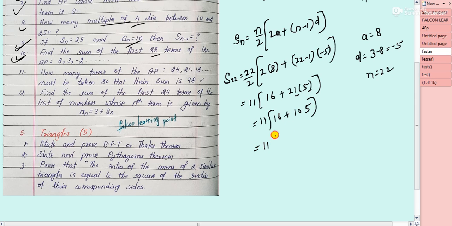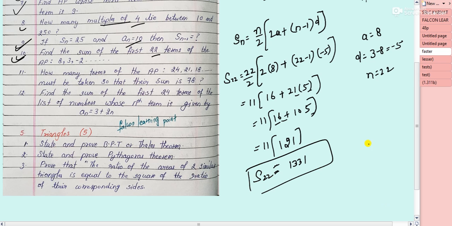So on adding this you will get 121 into 11, and on solving this you will get 1331. So this is S22. Okay, I hope it's clear.